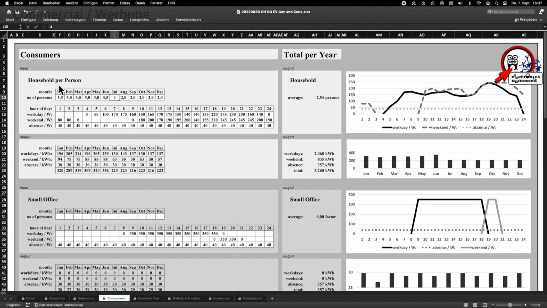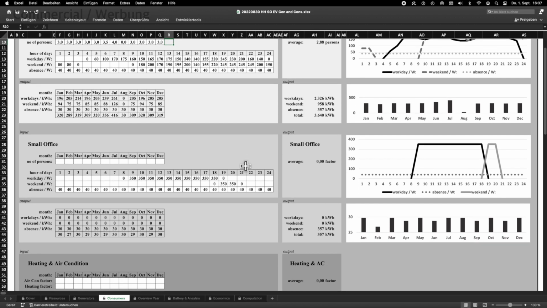In August, we are all absent, and for the rest of the year, there are 3 persons present. We can cross-check the real consumption using the yearly consumption figures in the middle section and the graphics on the right side for plausibility checks.